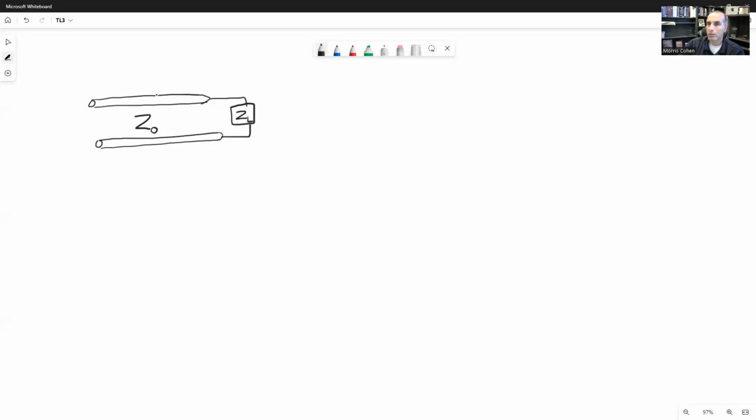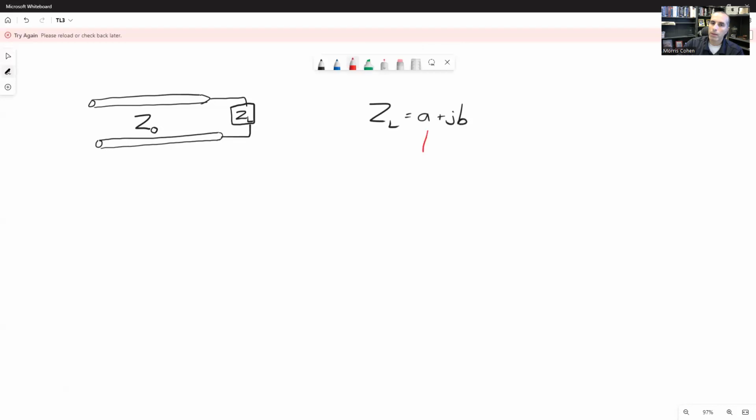ZL will have potentially both real and imaginary parts. Right, so ZL could be equal to A plus J times B, where A would be the resistive part of it, and B would be the reactive part of it.